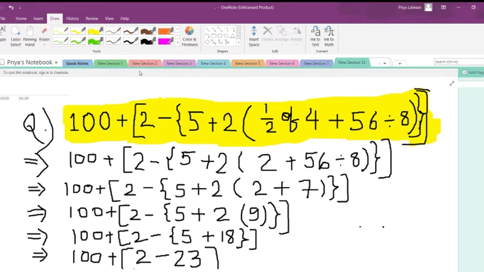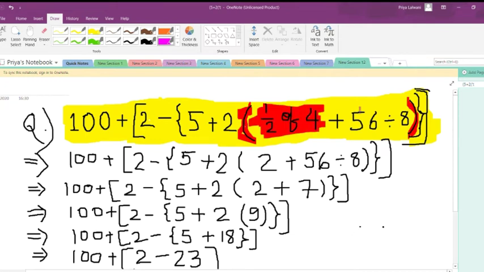So we come to this round bracket. So here you can see we came to this round bracket, right? So this round bracket should be solved first. In this round bracket also BODMAS rule will be followed. O says of. So this of should be solved first when you start solving this equation.